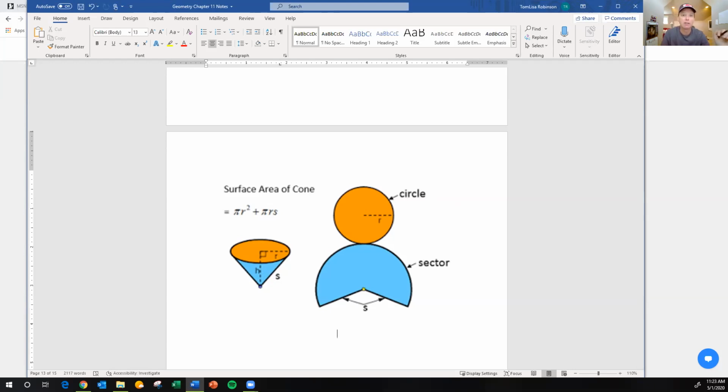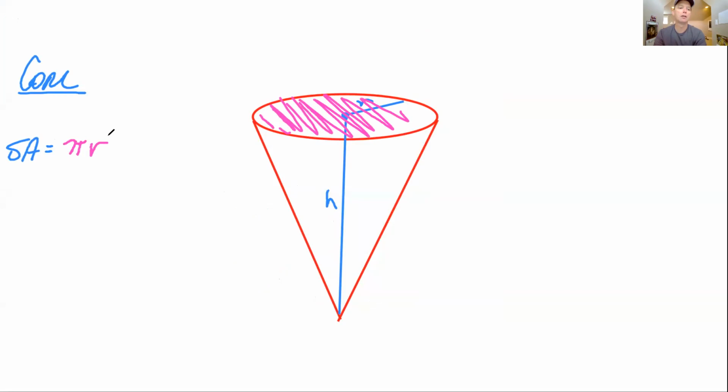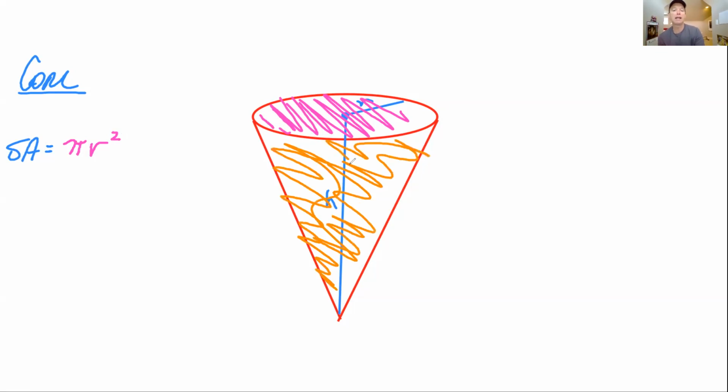So let me come back and put this together for you so we have something that we can deal with. So this is for a cone now. The surface area, first of all, is this surface area here, which is just pi r squared, right? And then what we have to somehow account for is all of this stuff around the outside, that sector shape. I'm just going to give it to you.